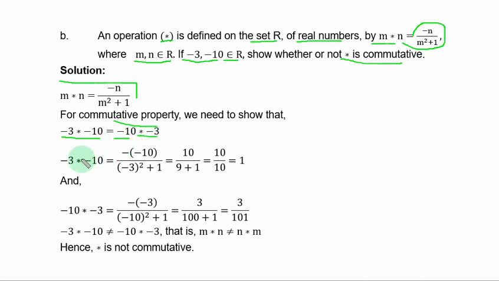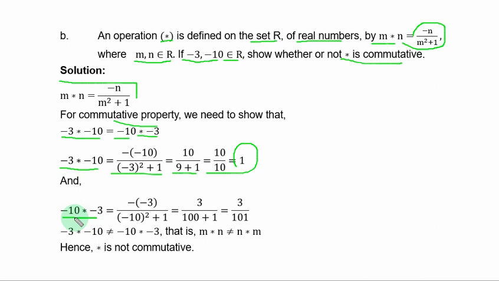So let's take the first part, minus 3 star minus 10. What that means is that m is minus 3 and n is minus 10. You replace in the operation and you have this. That is 10 over 9 plus 1, 10 over 10 equal to 1. On the other side, what it means is that m is equal to minus 10 and n is minus 3.